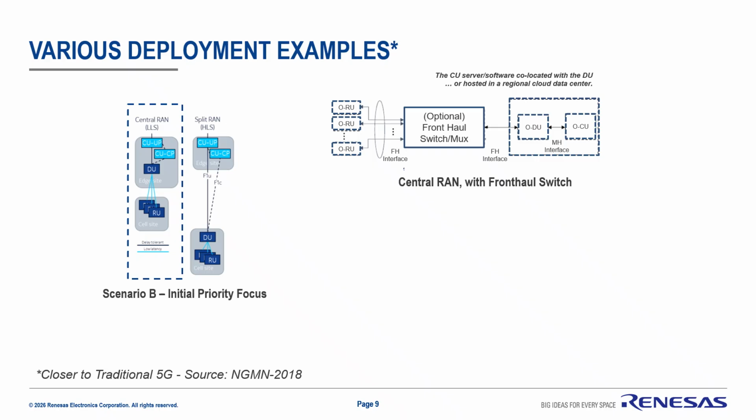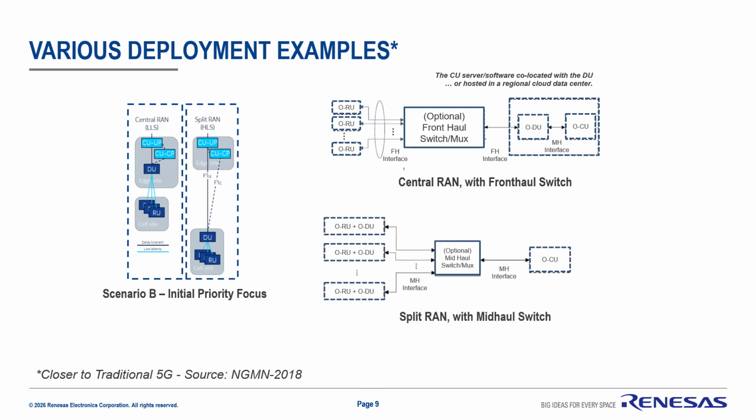Between the DU and the radio units is what we call the front haul interface. And here you may have a front haul switch or MUX, or it may be a direct connection from the DU to each RU. And the RUs create what we know as a radio unit cluster between that distribution unit.